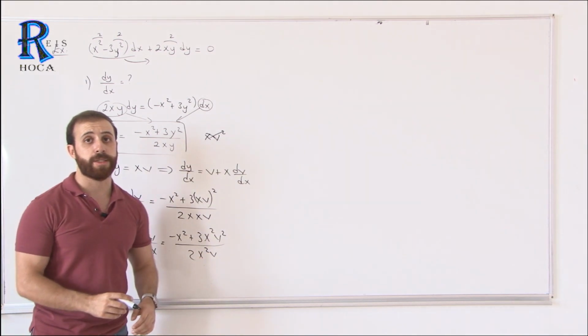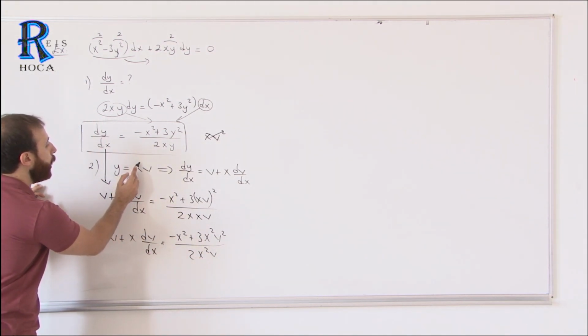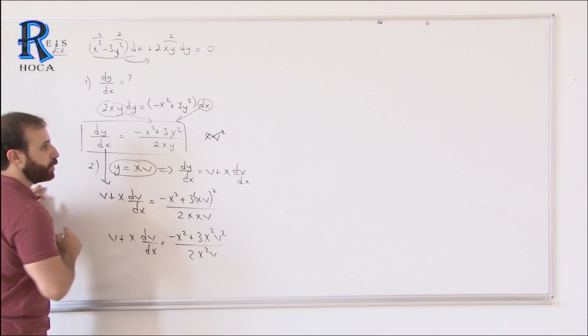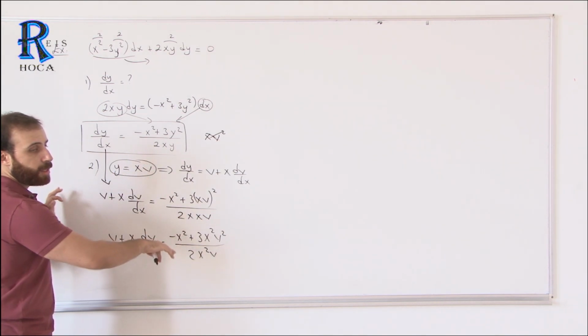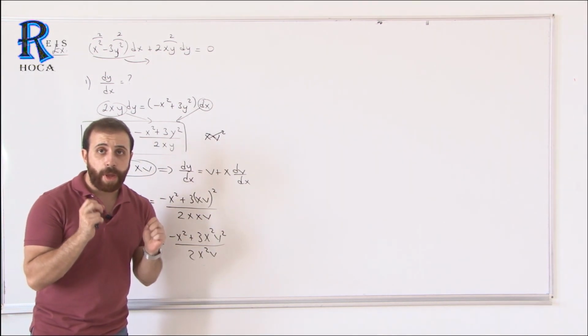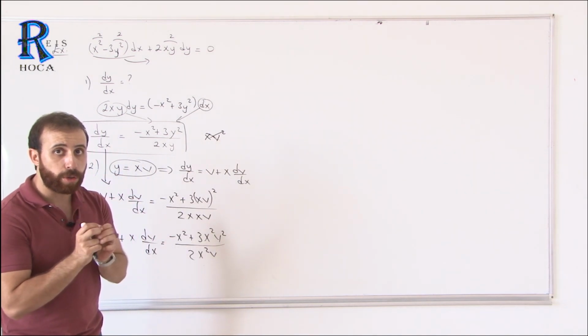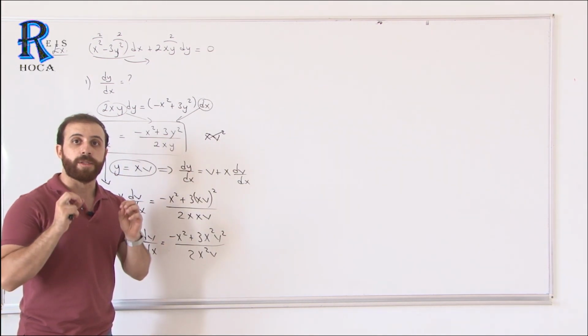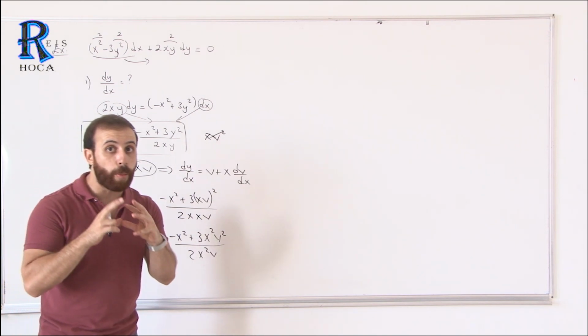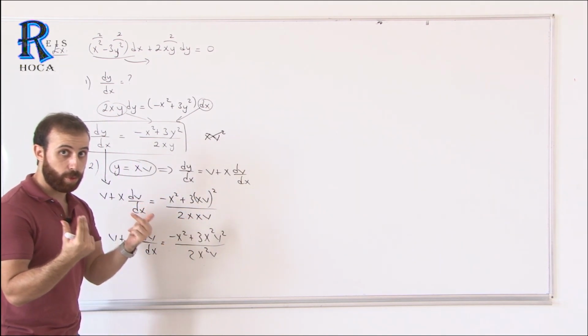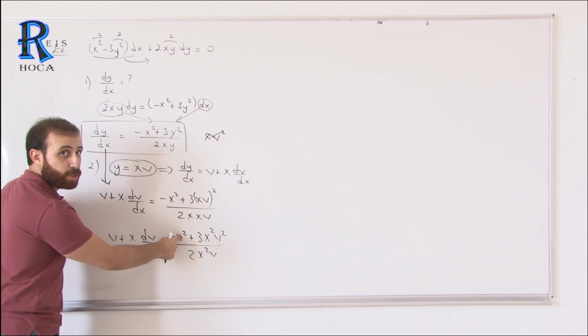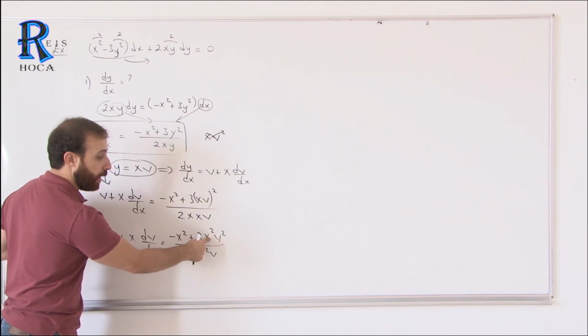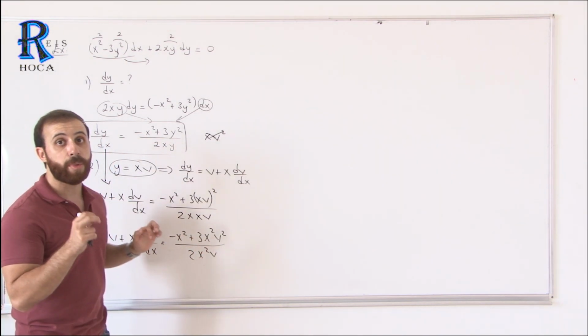What's important is that the part where you are using this substitution contains x and v always. The most important thing here is that the term of x must be common for all expressions. What's the meaning of this? There is x square, there is x square, and there is x square. It means you made it correct.